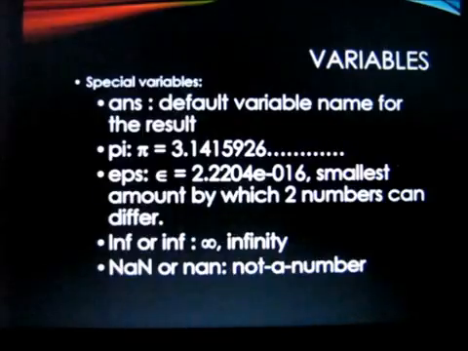Inf means infinity. NaN means not a number. Very often this comes up as an error, or you will know it after you use it: NaN, not a number.